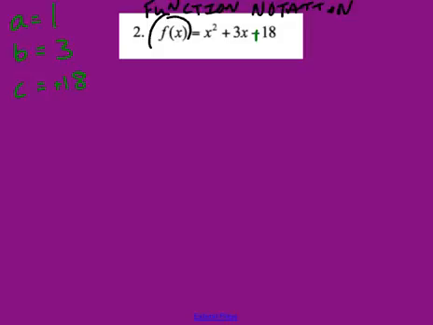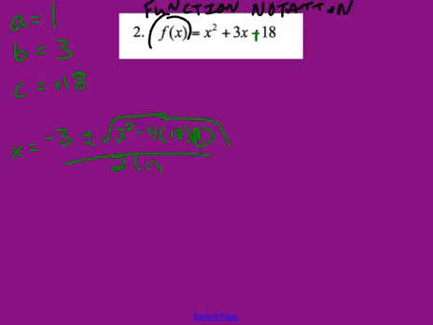Okay. Either way, I'm going to have the same thing in my quadratic formula. X equals negative 3 plus or minus 3 squared minus 4 times 18 minus 1. Holy buckets.